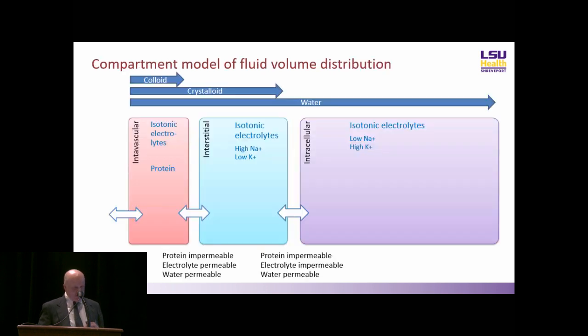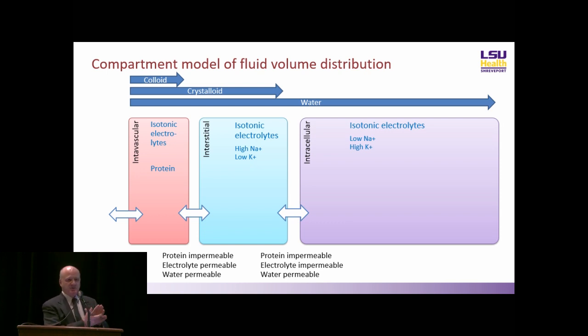What I want to present next is a very simple model of how fluid distributes within the body. Consider the body to be 3 different compartments with an interface between each compartment. On the left, the intravascular compartment. In the middle, the interstitial, and on the right, the intracellular. The barrier between intravascular and interstitial is the endothelial lining of the capillaries.